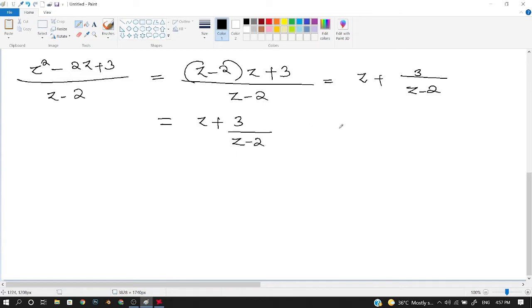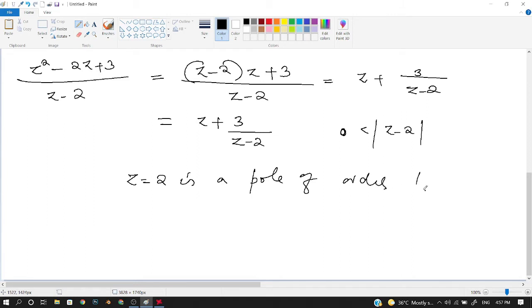Now this expansion is valid for mod z minus 2 greater than 0. So here we can see that z equal to 2 is a simple pole. That means pole of order 1. So this is a simple pole.